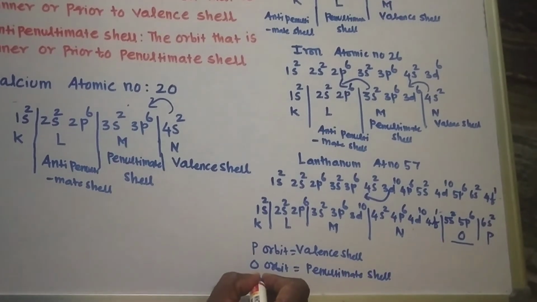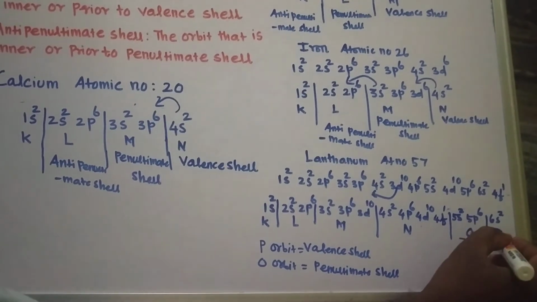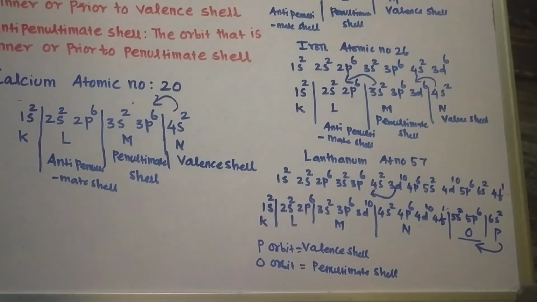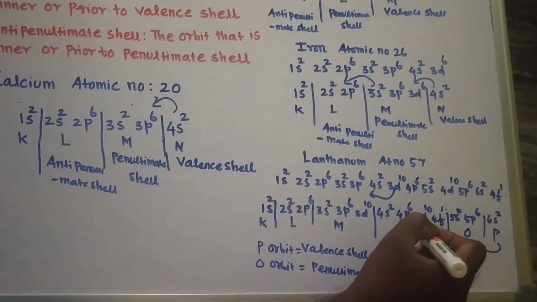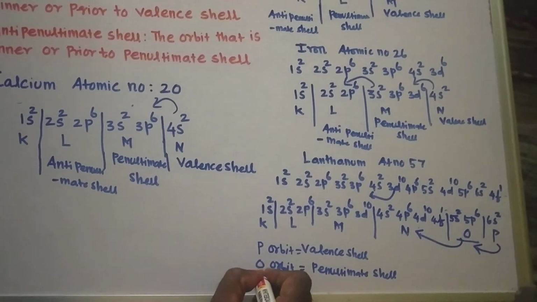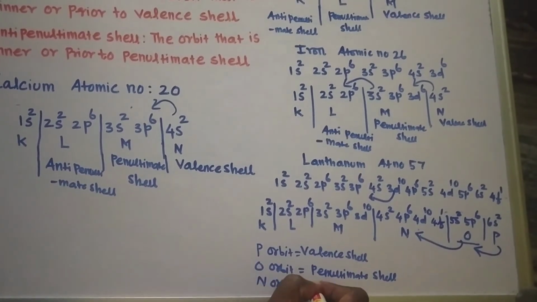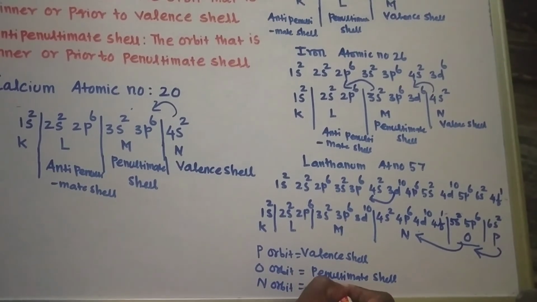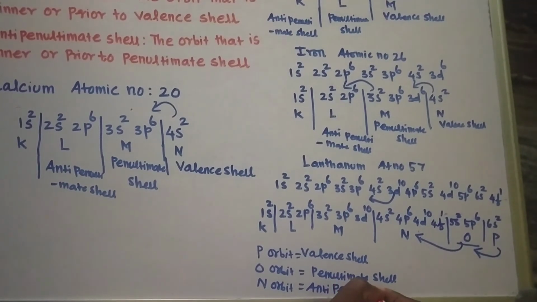And because the O is near to the P, and the N is near to the O, the N orbit is the antepenultimate shell.